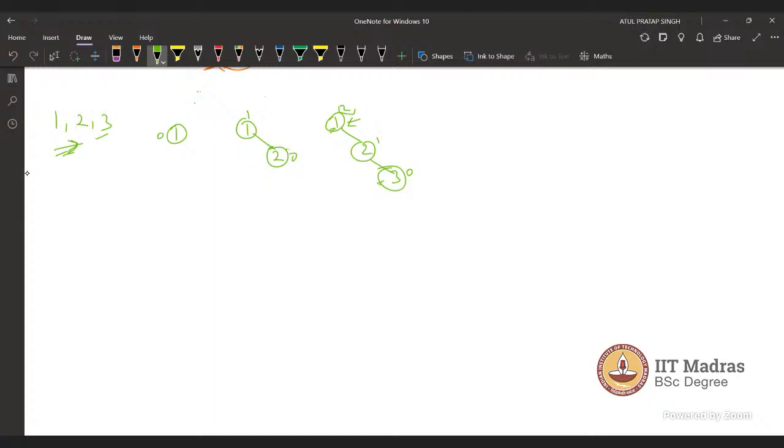We apply an anti-clockwise rotation on this node, so 1 comes to the left position and 2 comes up into 1's position. We rotate this part in an anti-clockwise fashion: 2 moves up, 1 moves to the left side, and 3 moves up.